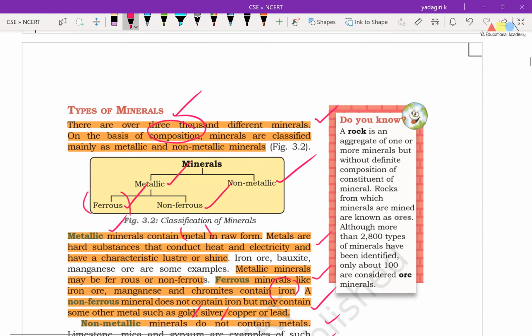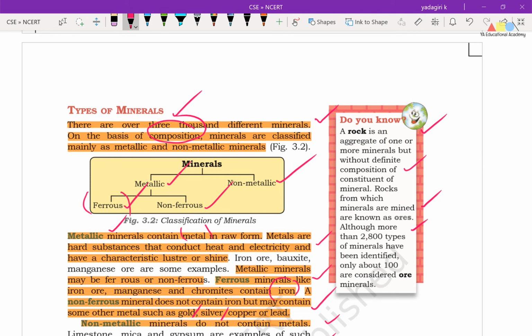Right friends, here is a fact. A rock is an aggregate of one or more minerals but without a definite composition of constituent minerals. Friends, rocks from which minerals are mined are known as ores.